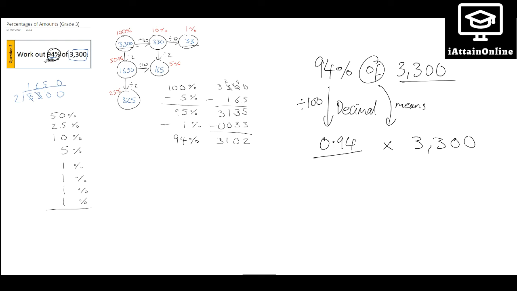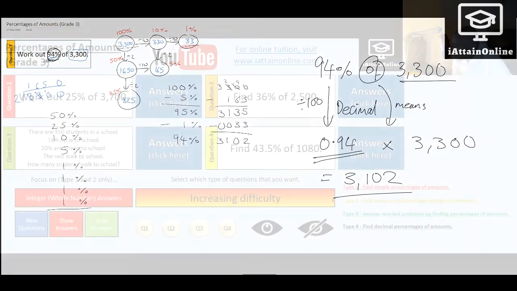So now all you need to do in your calculator is to write 0.94, and we're going to multiply that by 3,300, and you get the same answer, 3,102. Now that will work with any of the examples to find that percentage of that amount. Okay, that's it. I've covered the 4 examples.